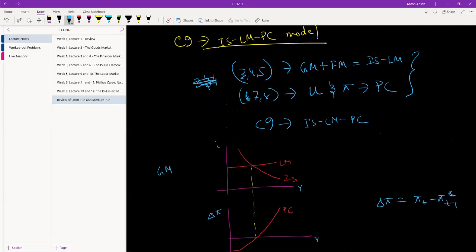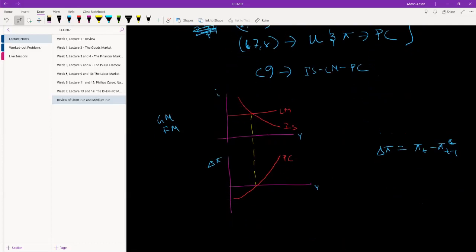We have the goods market and the financial market here. We have inflation and unemployment here, or rather we've replaced unemployment with output. Same thing, and we've combined them.